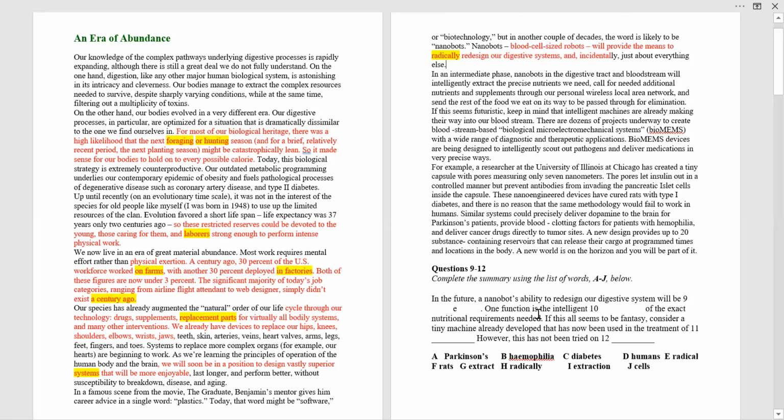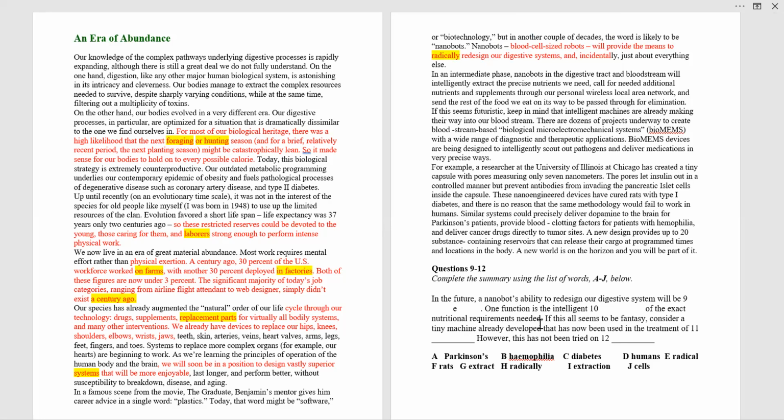Now, the next one: one function is the intelligent dash of the exact nutritional requirement needed. So in the intermediate phase, nanobots in the digestive tract and bloodstream will intelligently extract the precise nutrients we need.